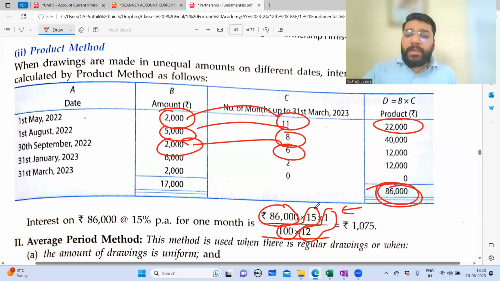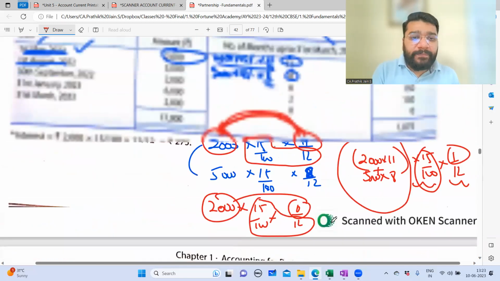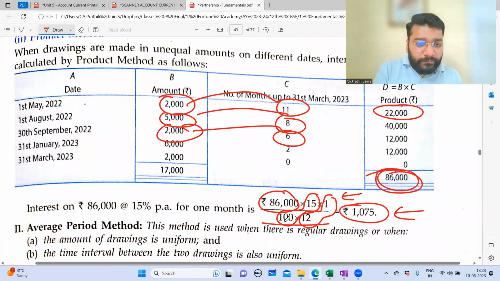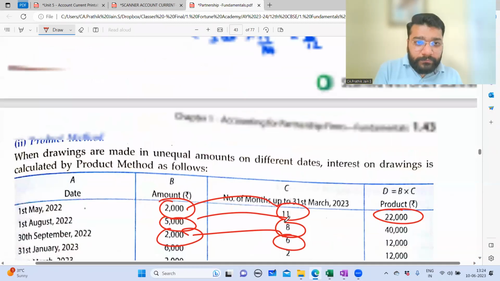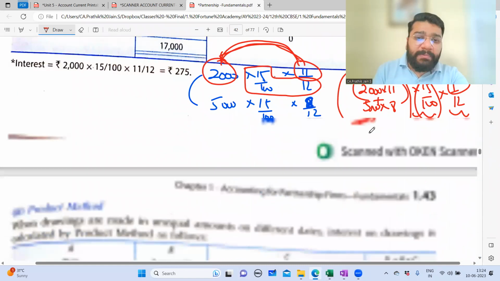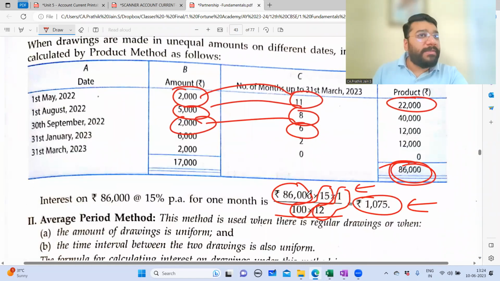We are using the formula only one time, that too at the end. And we're getting the same answer, 1075. Correct, no? Ultimately, this is the total interest of all the transactions, 1075. Same answer. But here we're applying the formula only once.